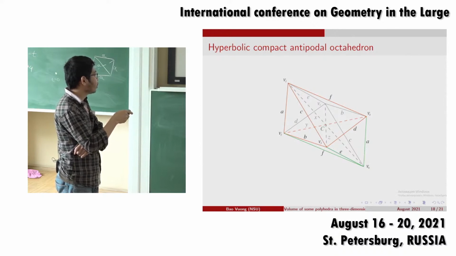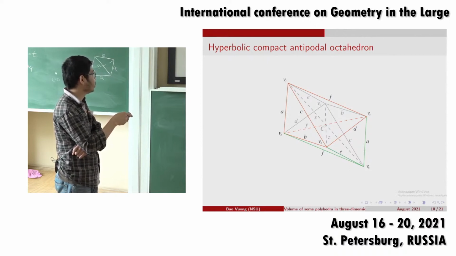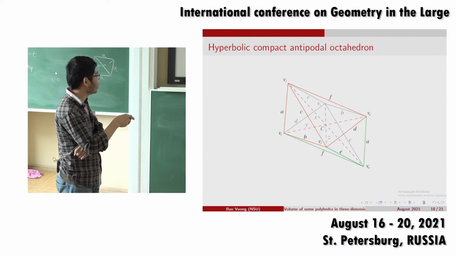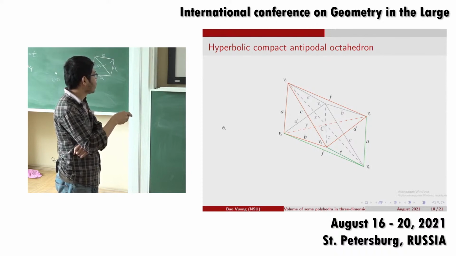When we divide it into tetrahedra, from the given parameters we have to compute the other parameters of the tetrahedron, namely the diagonals x, y and z.